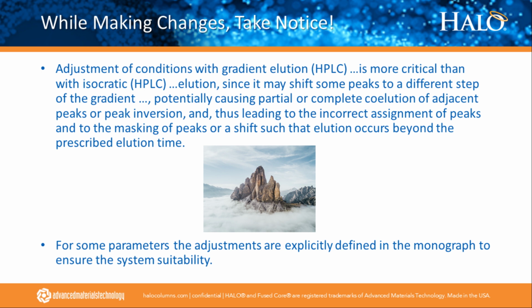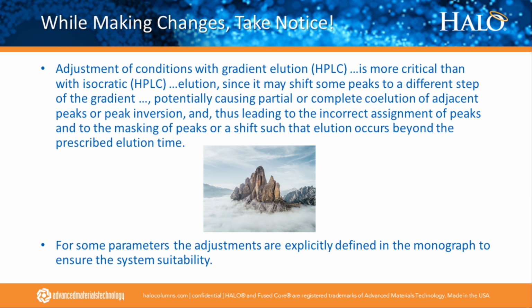The adjustment of conditions with gradient elution in HPLC is more critical than with isocratic HPLC elution, since it could shift some peaks to a different step of the gradient, potentially causing partial or complete co-elution of adjacent peaks or peak inversion, and thus leading to incorrect assignment of peaks and to the masking of peaks or shifts such that elution occurs beyond the prescribed elution time. So this is just saying be cautious when you're making the changes.